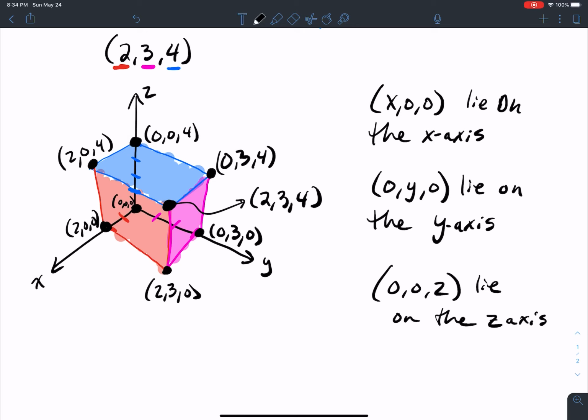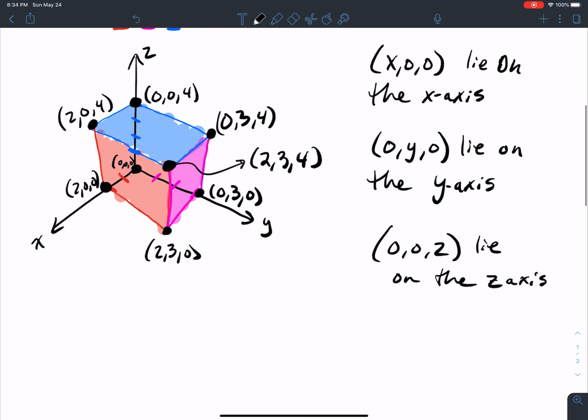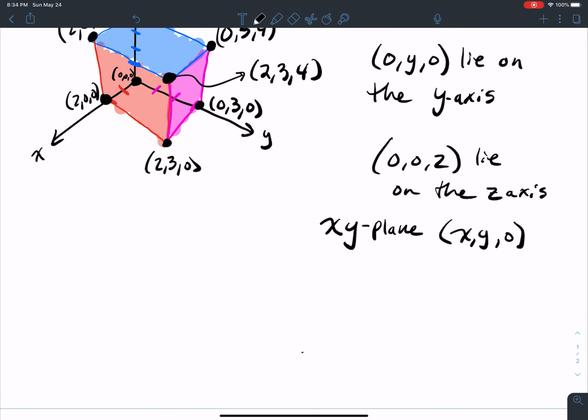Now points on the xy plane are of the form x, y, 0. This is kind of what we're used to; we're used to the xy plane.